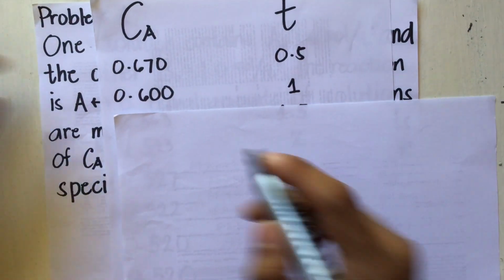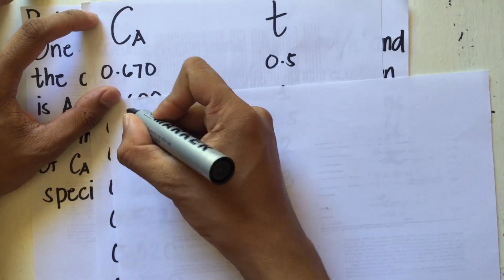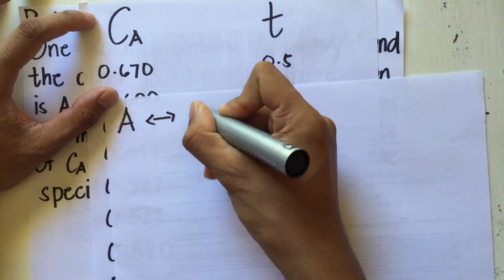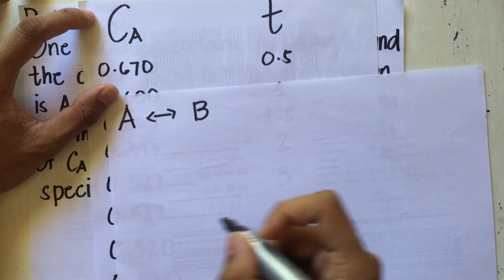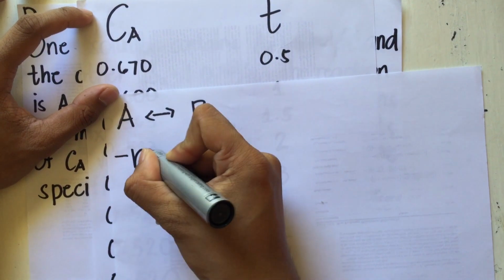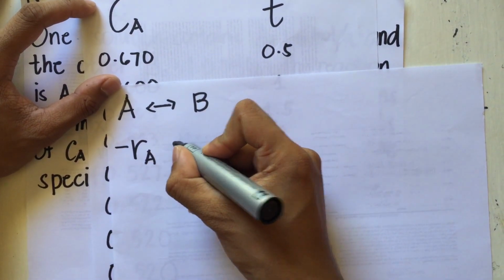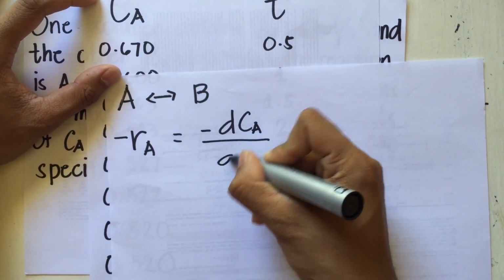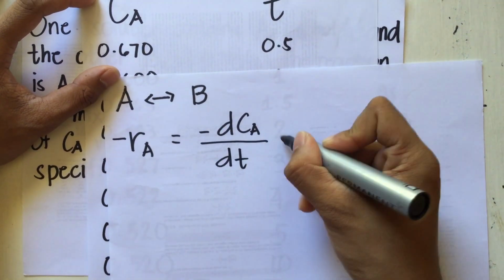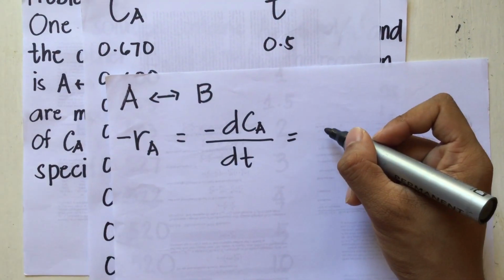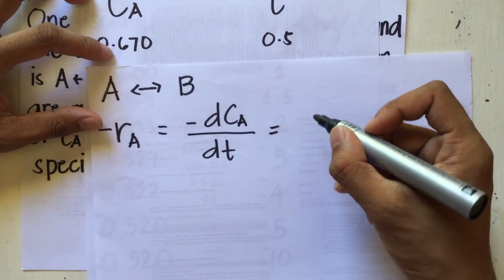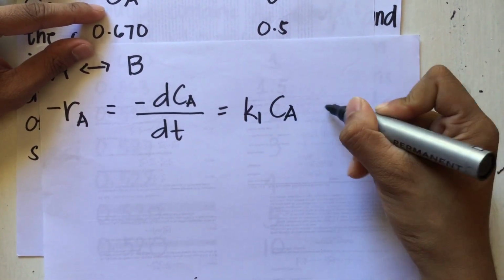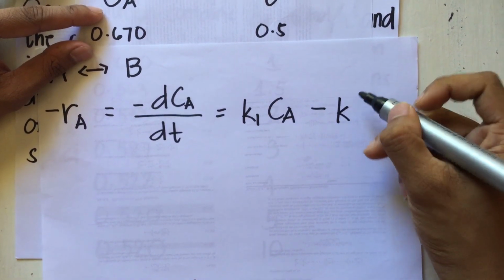We will start with writing the chemical reaction, A reversible B. So we will write negative Ra is equal to negative dCA over dt. And that would be equal to K1, which is the forward reaction, times Ca minus K2 for the reversed reaction times Cb.